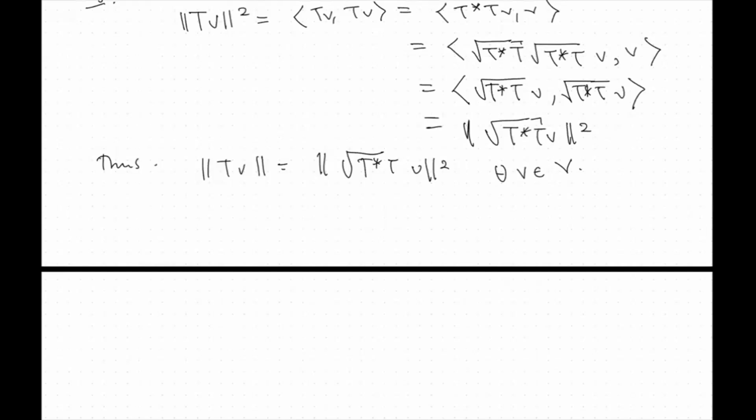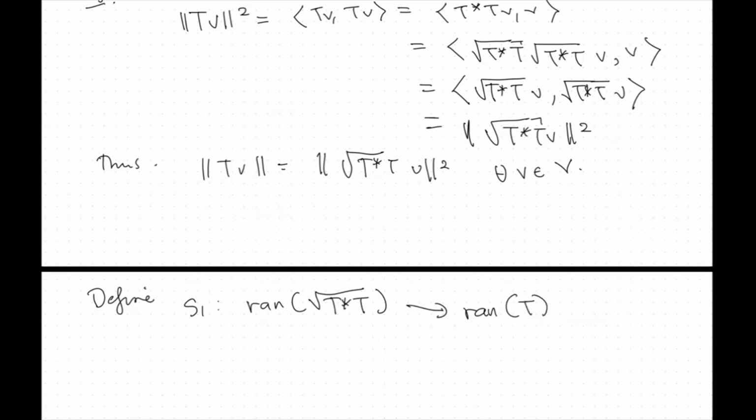So now define a linear map S1 from the range of the square root of T star T to the range of T. If you have v here, you get it mapped to just T of v.